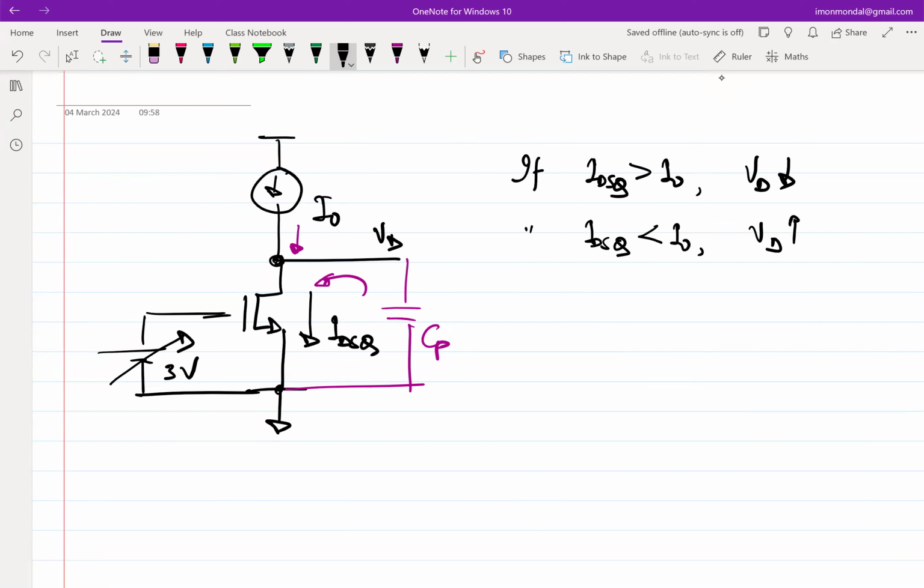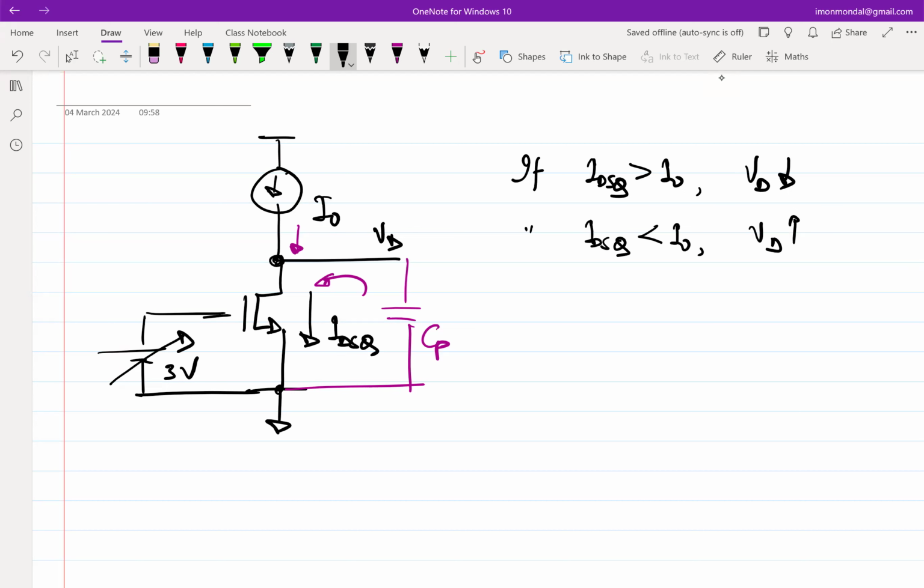If I say that the voltage is going down and going up, it means some current is flowing into or out of that node. It's difficult to visualize if it's an open circuit where the current is going in and out. So that's why I put a capacitor, to give you a sense of time: if the voltage is going up, the current has to be flowing somewhere, right? It is flowing into the capacitor. Okay.